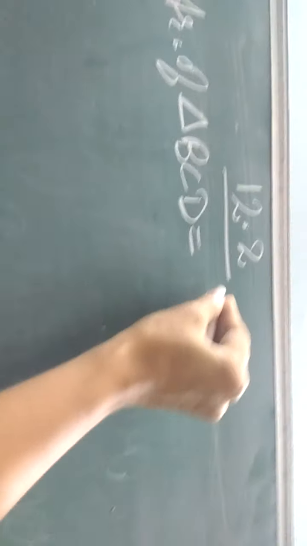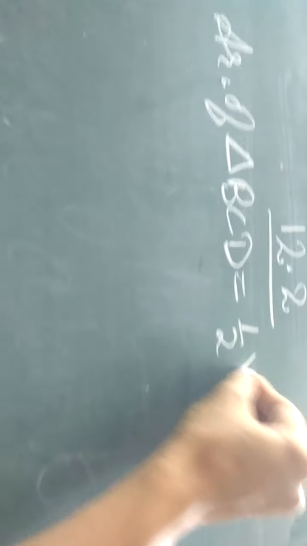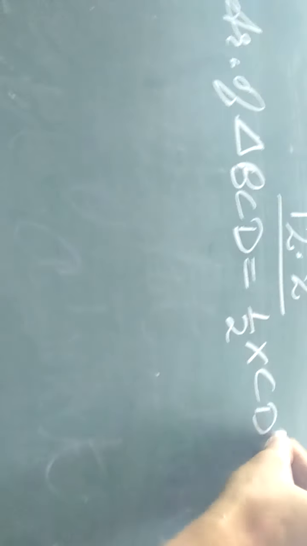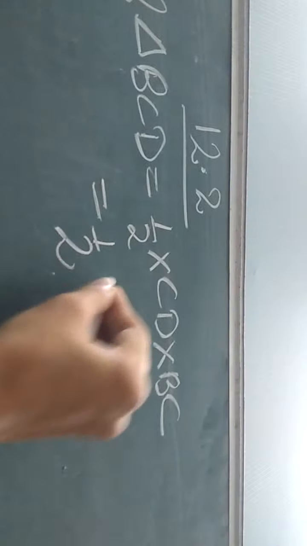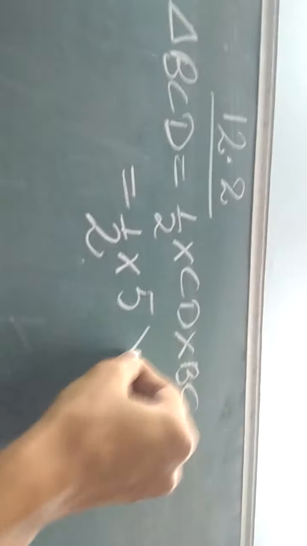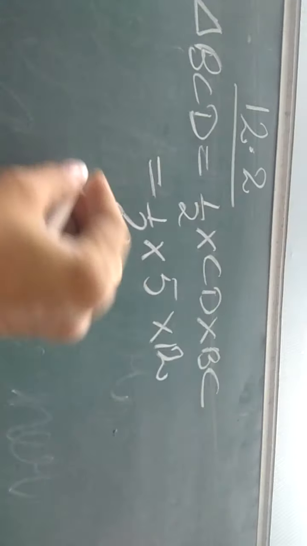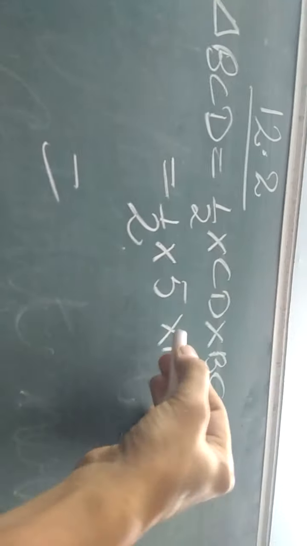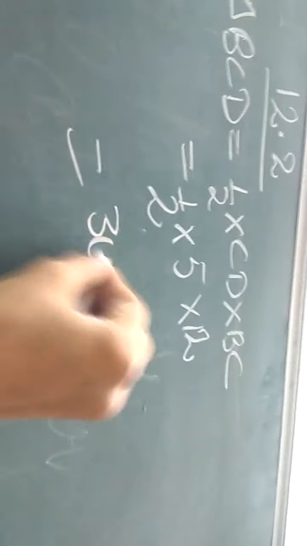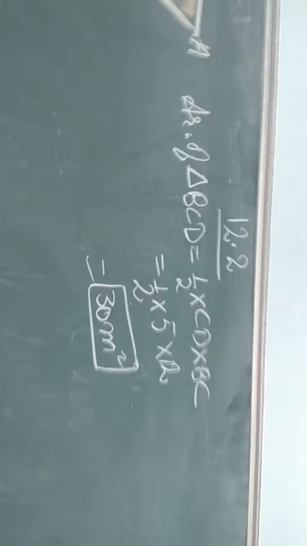So area of triangle BCD is equal to half base CD into perpendicular BC, that is half into 5 into 12. By solving it, 2 sixes are 12, 5 sixes are 30 meter square is the area of the first triangle.